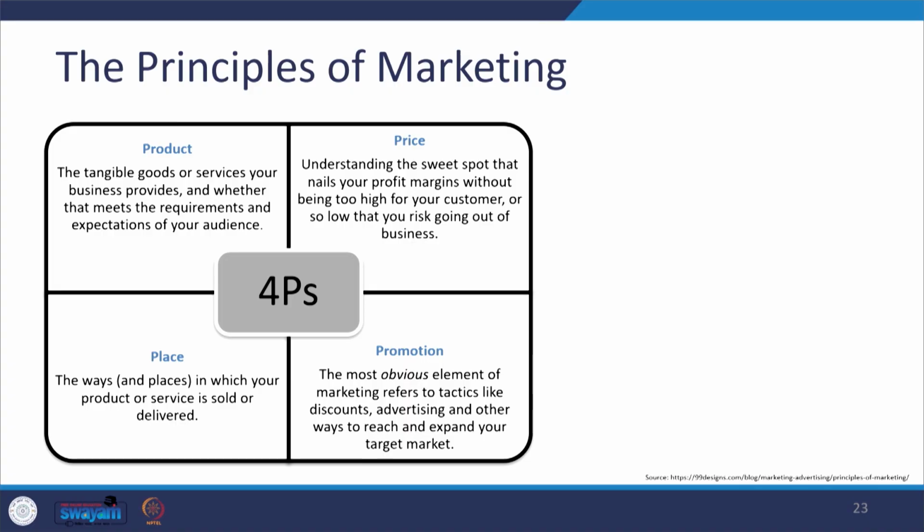The third P talks about place, the ways and places in which your product or service is sold or delivered. There are various decisions an organization can take related to this place, right. So, for example, an organization like Zara can have exclusive stores through which only it will sell its apparel.